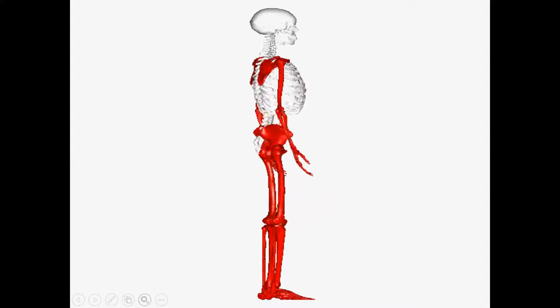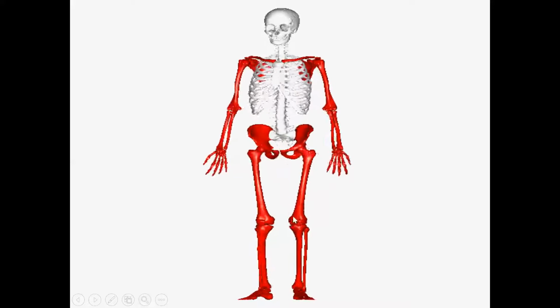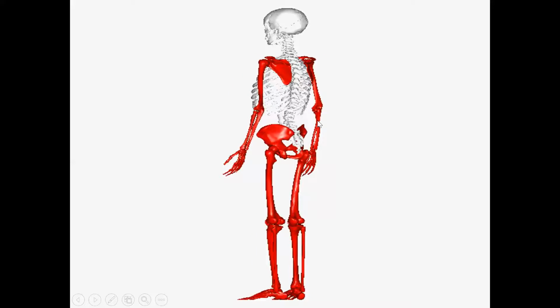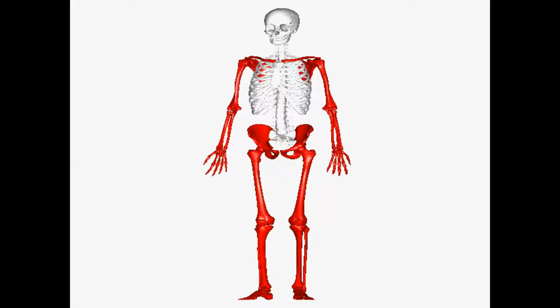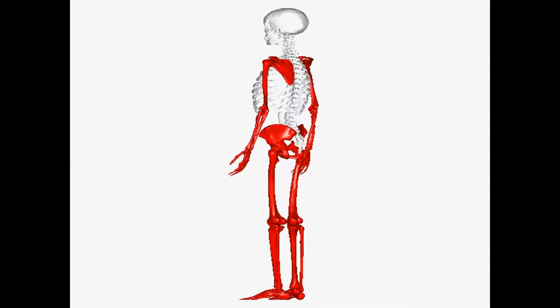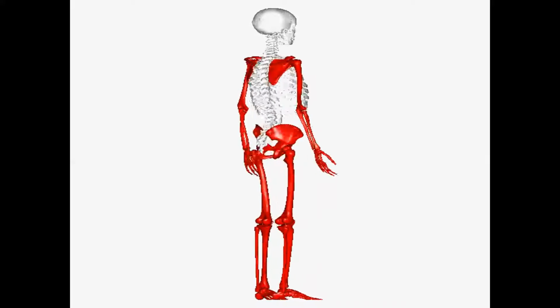For example, the leg and the arm bones are long. The chest bones are thin and rounded.